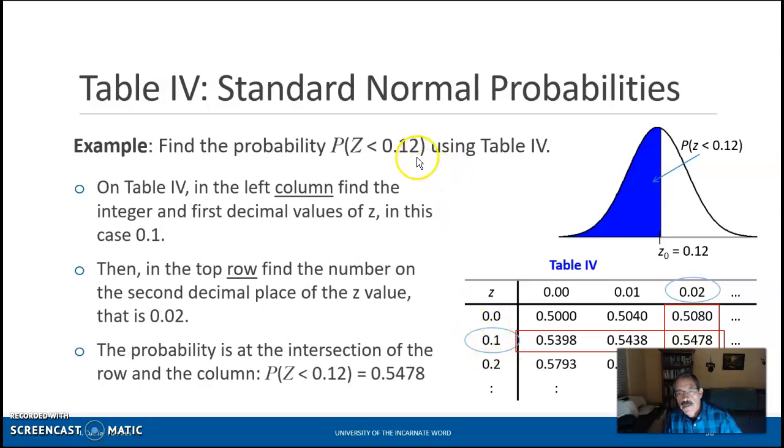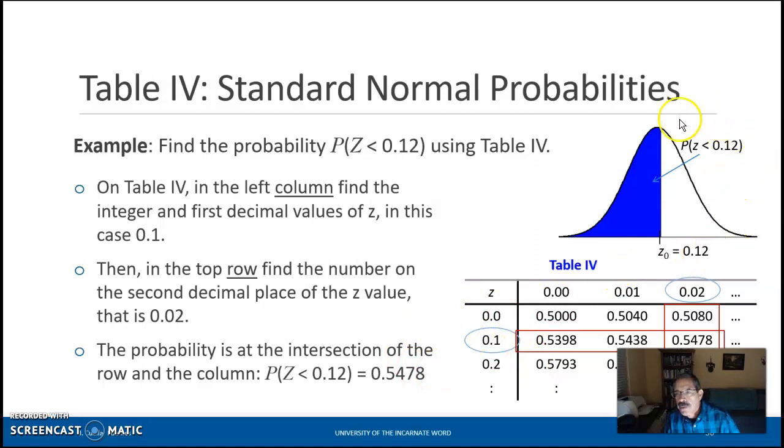And then the second number is 0.02, which is located here. At the intersection of these two numbers, you find the probability that you're looking for. So in this case, the probability that the random variable z is less than 0.12 is 0.5478. So that's what this is showing.